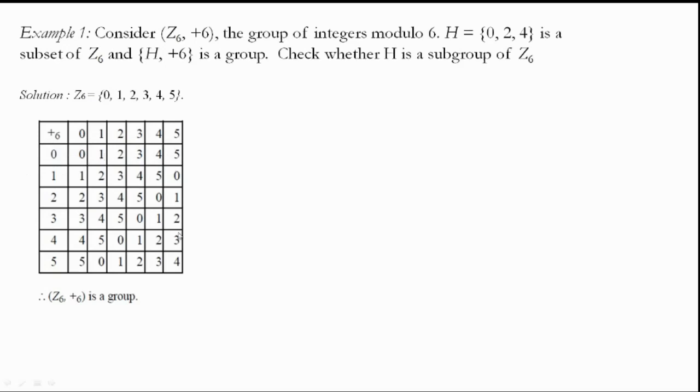Like that you fill this table. Now you check whether it is a group or not. How can you check? You should have the closure property, identity property, inverse property, and associativity property. If these properties are satisfied, then it is a group.